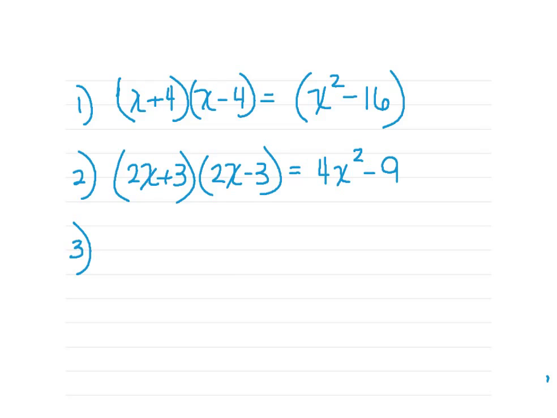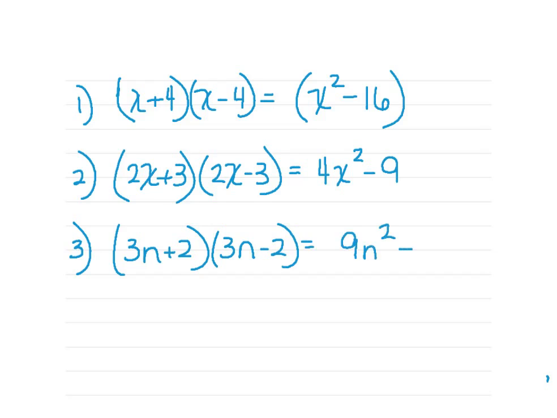Okay, number 3. 3n plus 2 times 3n minus 2. Okay. The first term squared would be 9n squared minus the second term squared, which is 4.